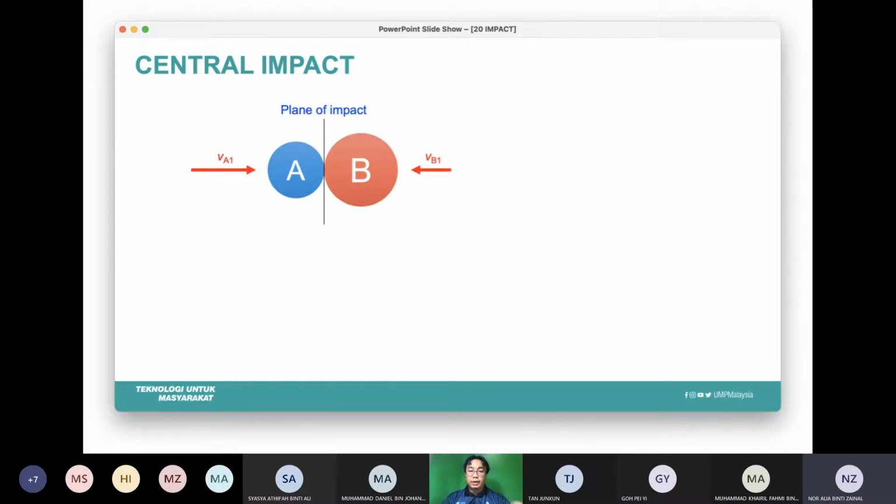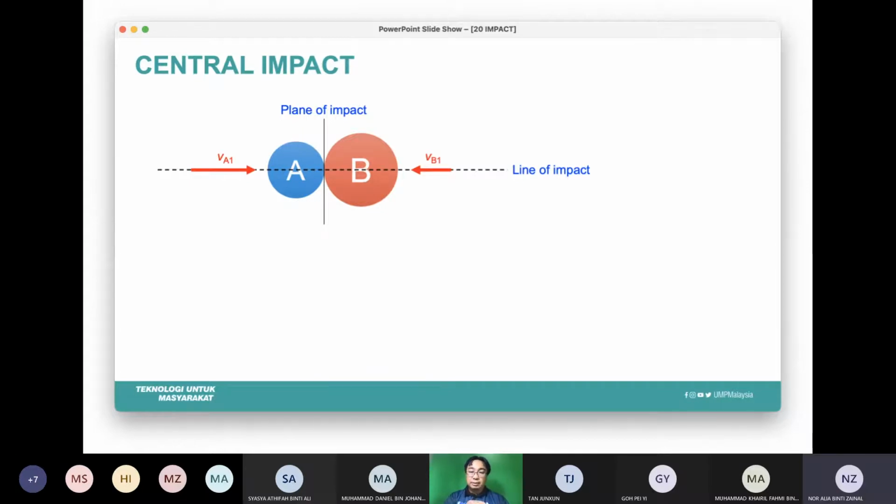When the two objects collide together, we can draw a line dekat titik pertemuan tu. This is called the plane of impact, mostly in the y-axis, a vertical line. And then we can draw another line passing through the velocity of A and velocity of B, and this is called the line of impact.